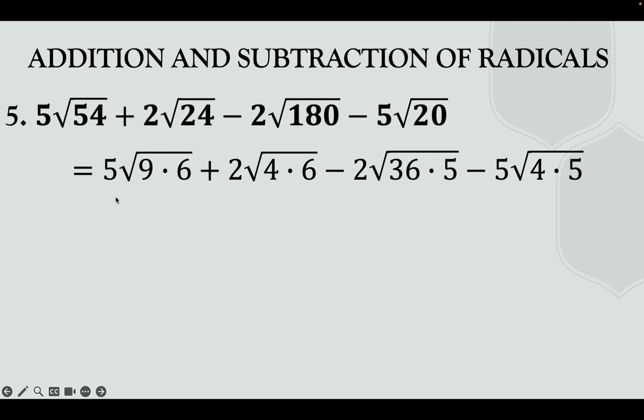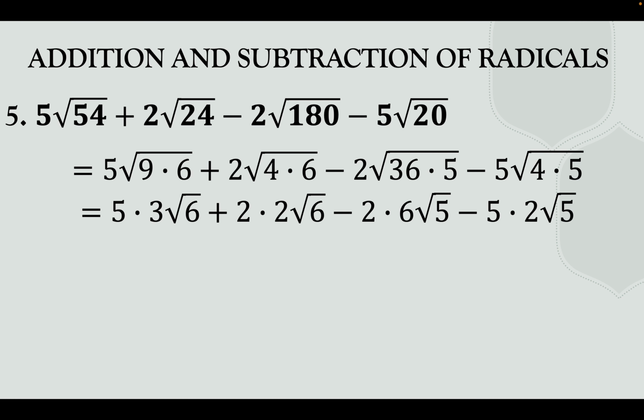Now, simplify the terms in the radicand, class. For example, here we have square root of 9, we have 3, so we have here now 5 times 3 square root of 6. Square root of 4 is 2, so we have here 2 times 2 square root of 6.